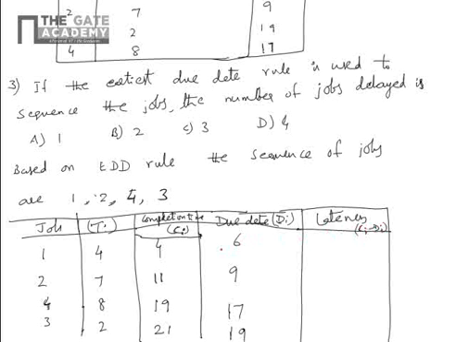I am completing in 4 days and need to deliver in 6 days, so it is early: 4 minus 6, minus 2, which represents earliness. 11 minus 9, 2, it is late, a positive value. 19 minus 17, 2. 21 minus 19, 2. These three jobs are late. So the answer is C: three jobs are late, delayed. This is how we need to calculate it.